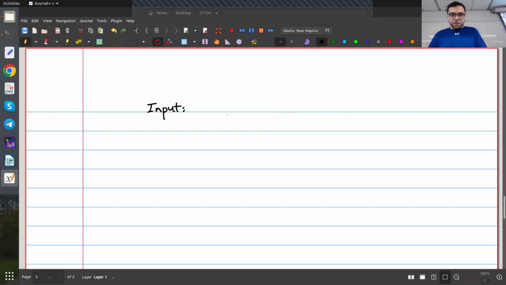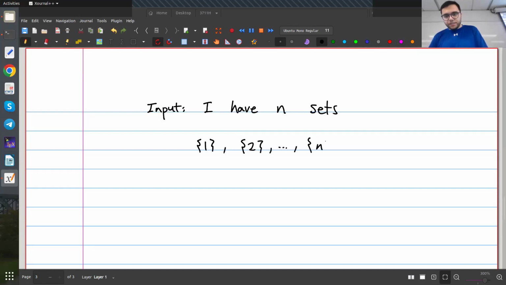Okay, so I have, let's say, n sets. I have a set that has only element 1, I have a set that has only element 2, and so on, and I have a set that has only element 10. And I want to perform m operations again.